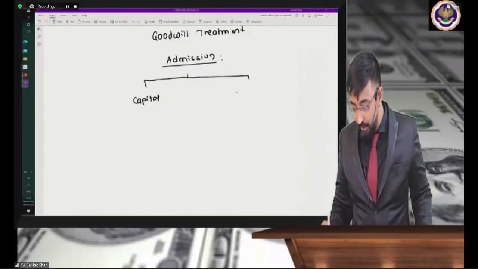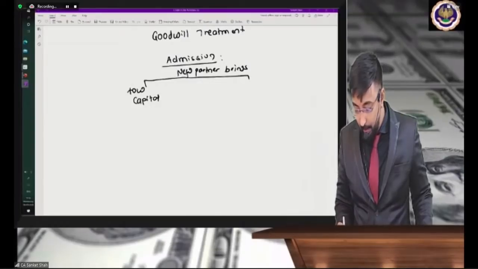So, the new partner brings an amount towards capital and towards goodwill.